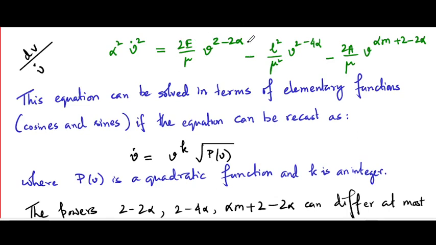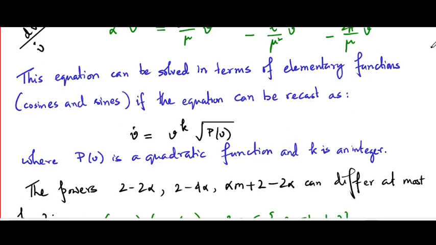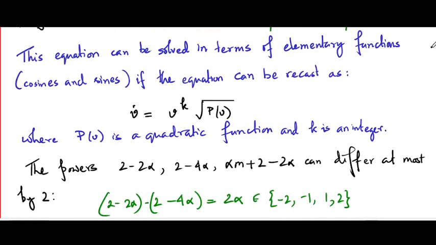Now these three powers, 2 minus 2 alpha, 2 minus 4 alpha, and alpha m plus 2 minus 2 alpha, must belong to the set 2k, 2k plus 1, and 2k plus 2. Which means that they can differ by at most 2. Now this will tell us quite a lot about possible values of alpha and m.